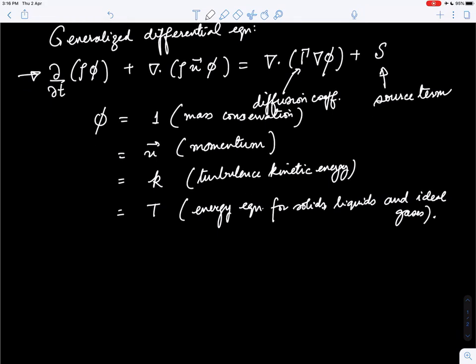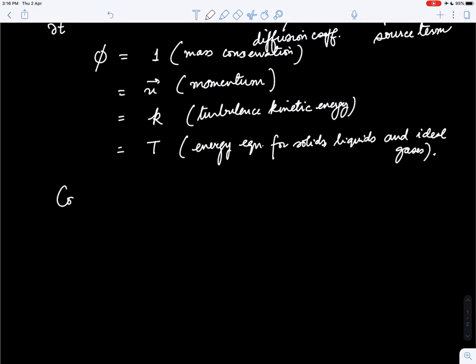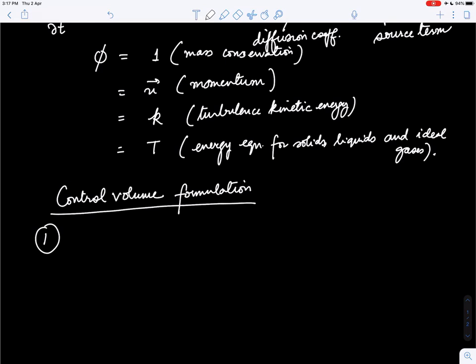It is essentially based on the control volume concept, and there are a few things that a beginner needs to understand about this method.